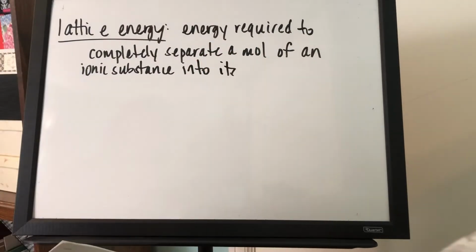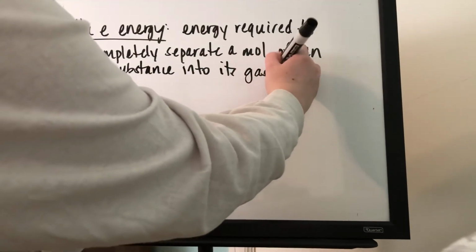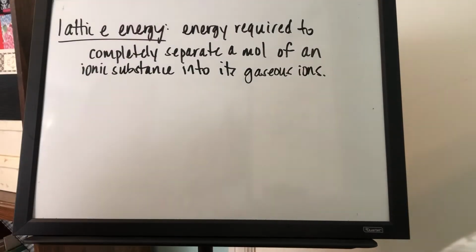Technically speaking, it's the gas state of its ions, but for our purposes, we're just going to talk about the energy required to separate an ionic substance back into its ions. So basically, it's the opposite of the process that forms the compound. This is the breaking down of the compound.